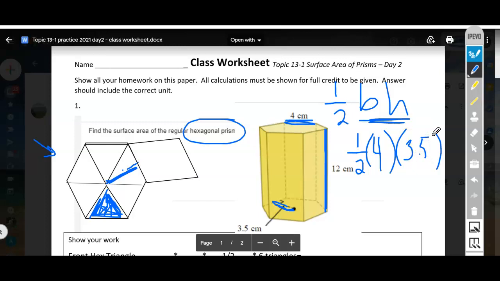All right, and then Bailey, you said we had to multiply all of this times 6, right? Because we got 6 of these. So everybody punch it into your calculator. 1/2 times 4 times 3.5 times all 6.